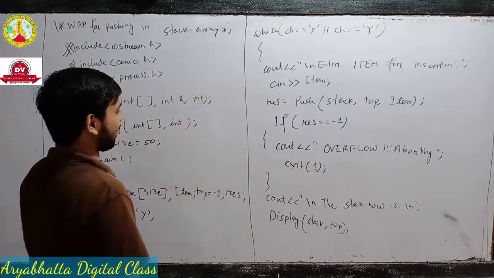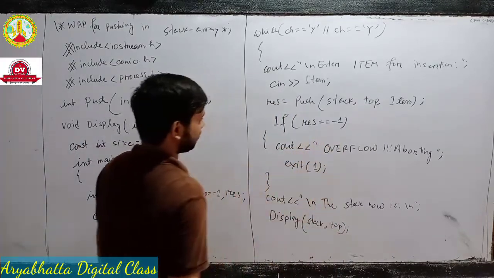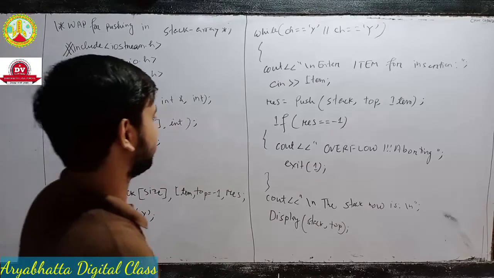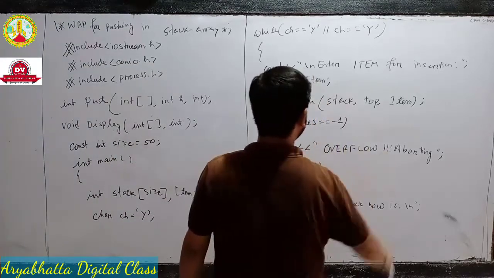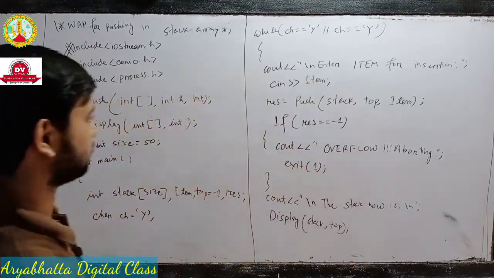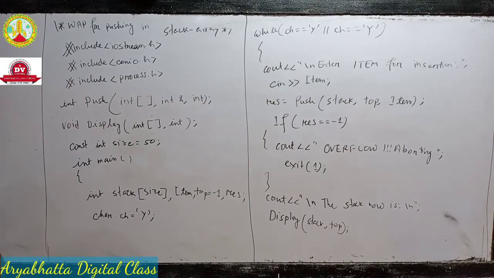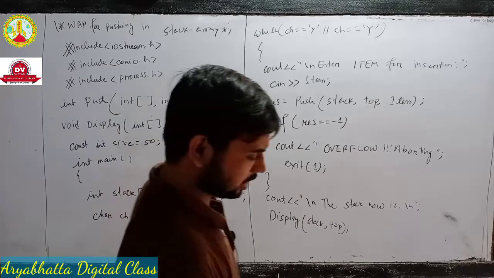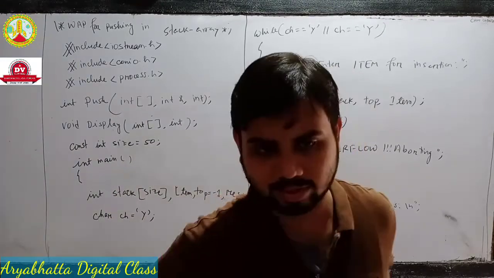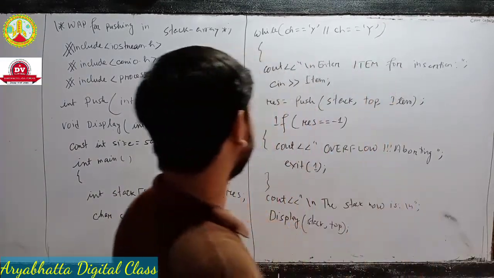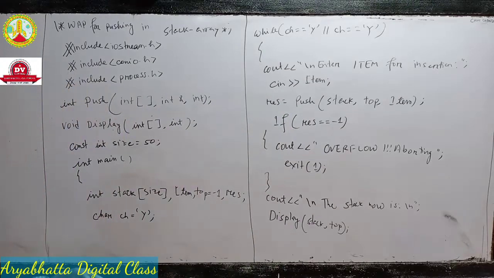We take the condition: if res is equal to minus 1, it means the stack is what? Res is equal to minus 1, overflow, aborting. Top is equal to minus 1 means what? Your stack is empty. But res is equal to minus 1 means your stack is completely full.